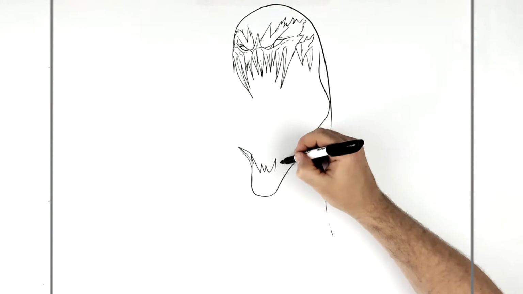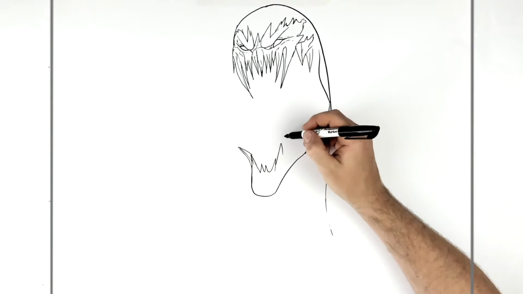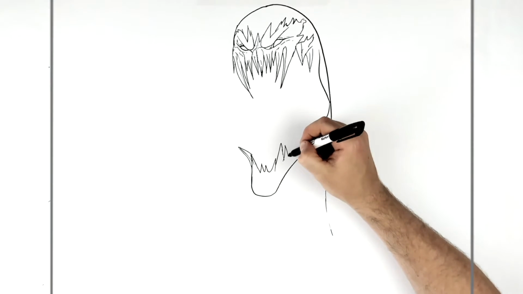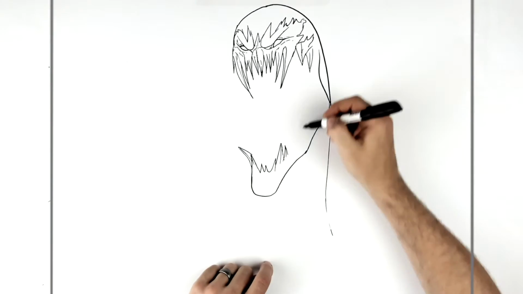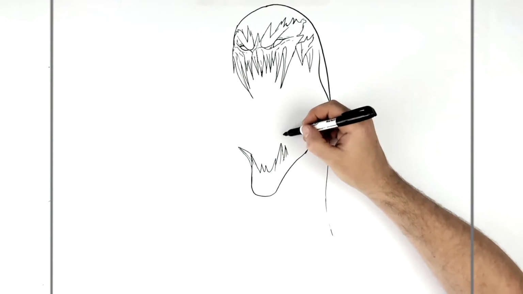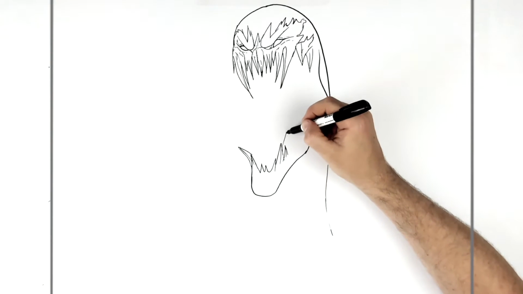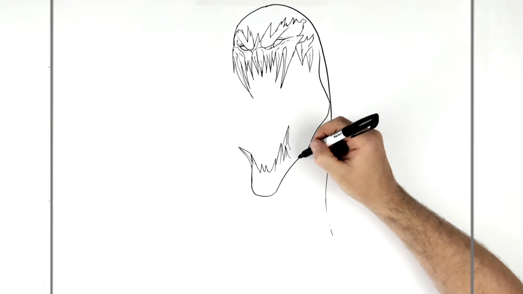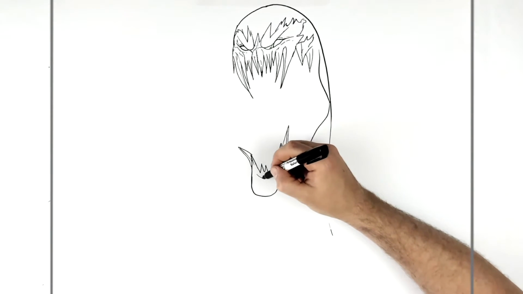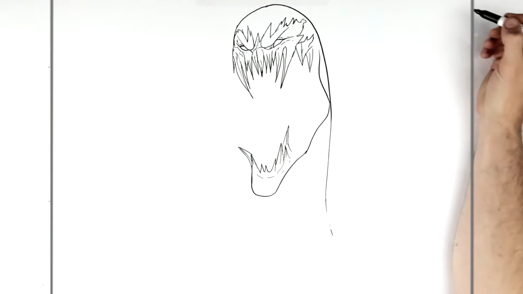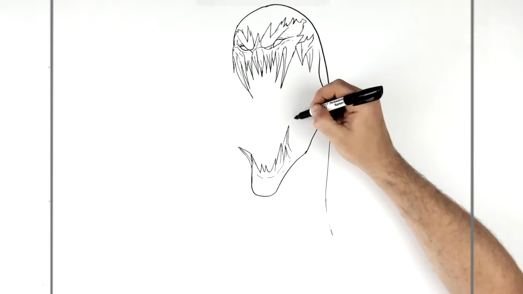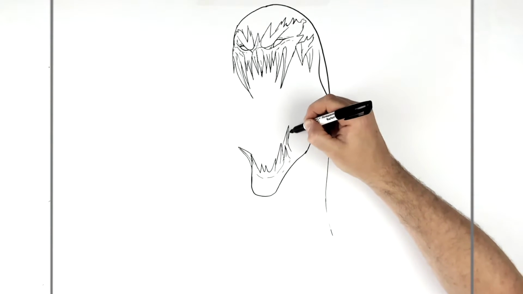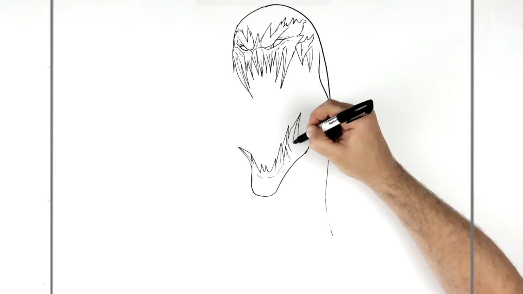Coming up this way, coming up the side of his jaw. All joining his face and stuff all here. Right, so we go big ones, little ones.